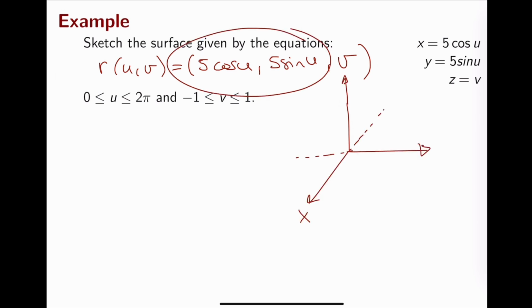We observe here that the variation of x, y describes a circle. We're going to have a circle in the xy plane.